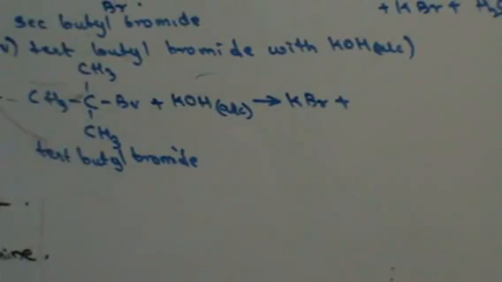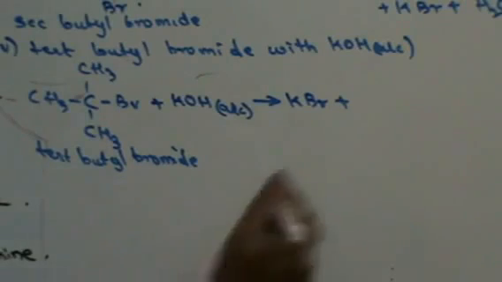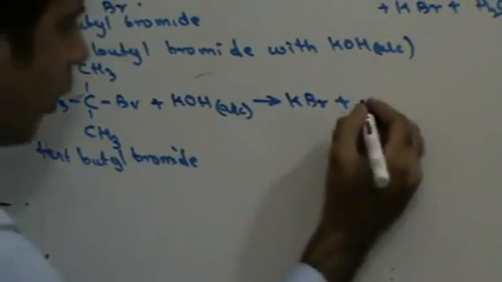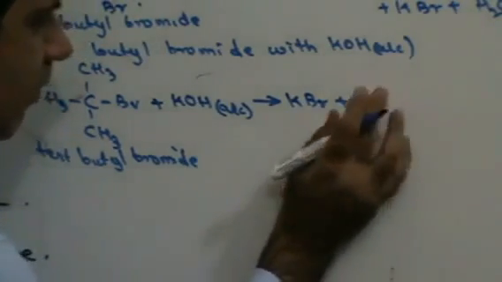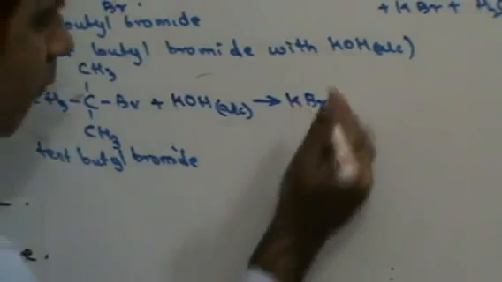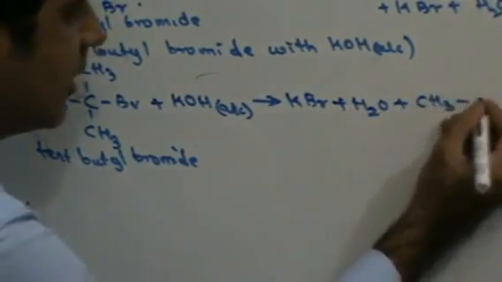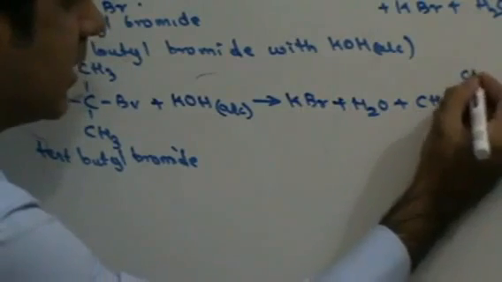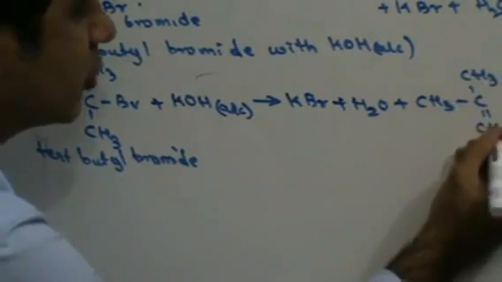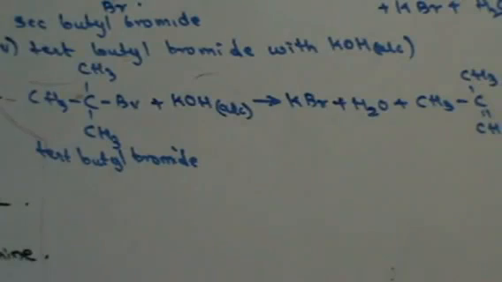Since all the three adjacent carbon atoms have same number of hydrogen atoms, there is no need for me to use Saytzeff's rule here. So I can remove the hydrogen atom from wherever I want. First of all, I'll form water molecule. This will be CH3C, CH3 double bond CH2. I could have removed it from anywhere.